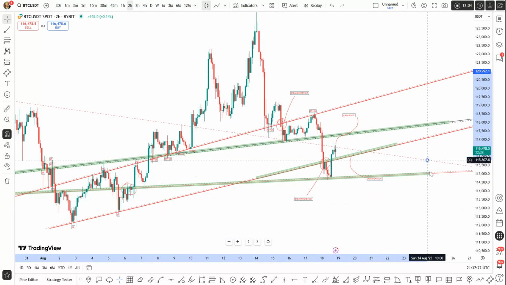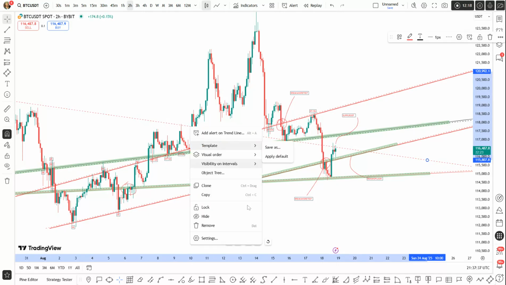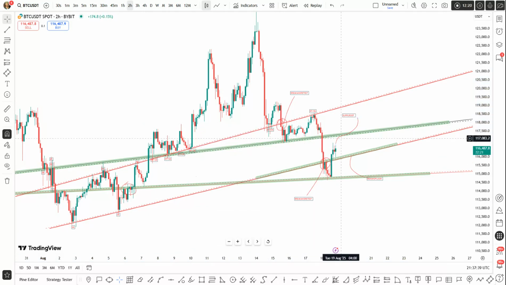If you have a breakout from here, there is a possibility that price will come and retest this roof, and it could come down. But for sure, let's see. Let's take this out and see if market will come back to retest here.